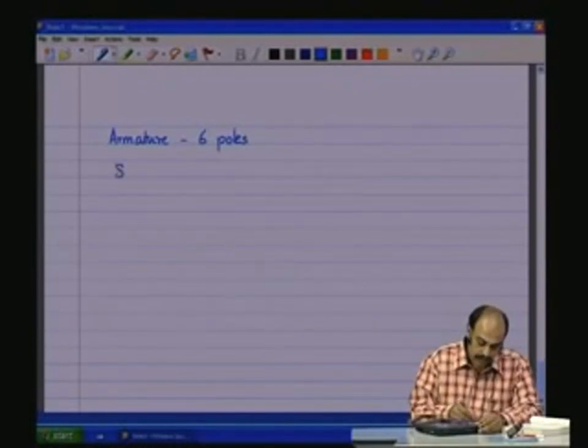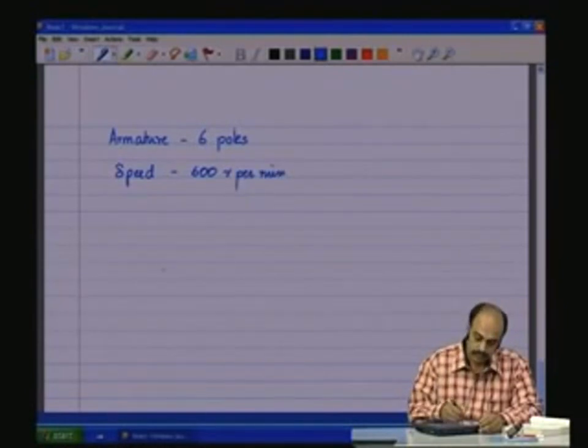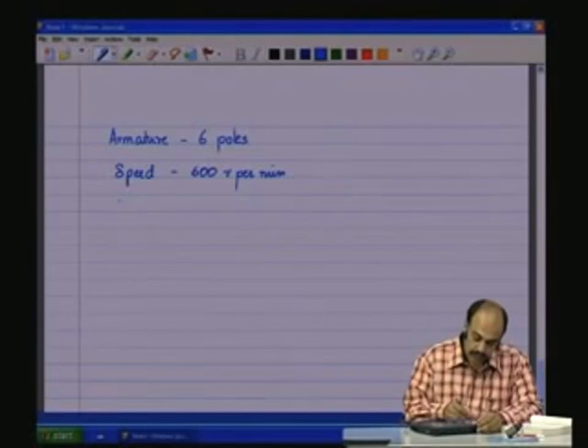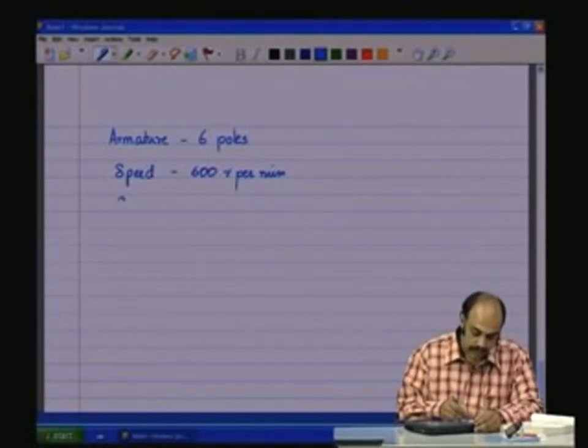And the speed at which the armature is going to rotate will be 600 revolutions per minute. Now, this machine is designed to have 90 slots.